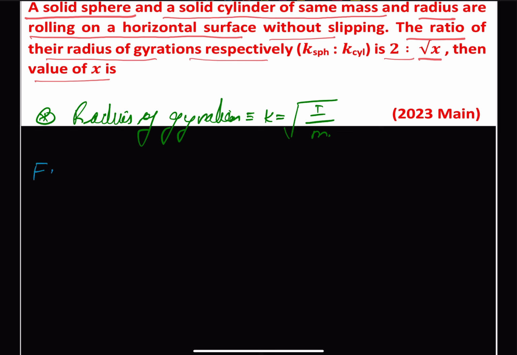For the solid sphere, let us call this I_S, it will be equal to 2 by 5 mr square.